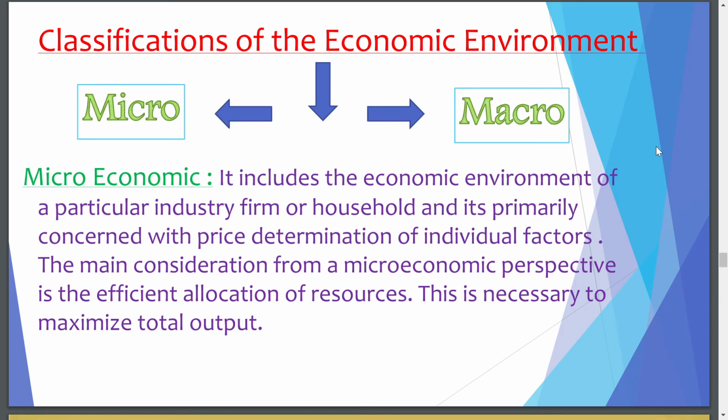Microeconomic means it includes the economic environment of a particular industry, firm or household, and it is primarily concerned with price determination of individual factors. The main consideration from a microeconomic perspective is the efficient allocation of resources, and this is necessary to maximize total output.